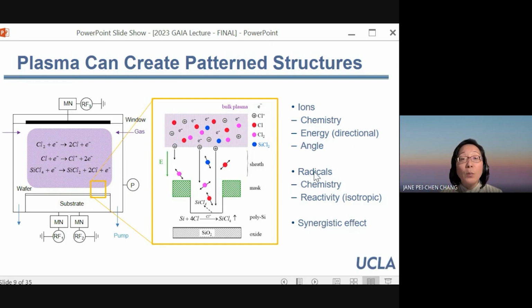The radicals that are produced in the plasma are extremely reactive, so they are chemically active, and their reactivity, while it's isotropic, can be greatly enhanced in the direction where we see simultaneous ion bombardment. This synergistic effect is very important, allowing the plasma to create materials on surfaces or selectively remove material from surfaces.